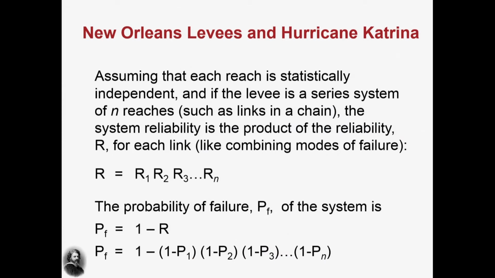Now, we're going to skip this calculation, but again, this is very simple algebra where you find that the reliability of one dike and then several dikes in connection in the system is the product of the different reliabilities. So the probability of failure is 1 minus the reliability. So if you believe me, then you can calculate quite easily the probability of failure of several dikes together.